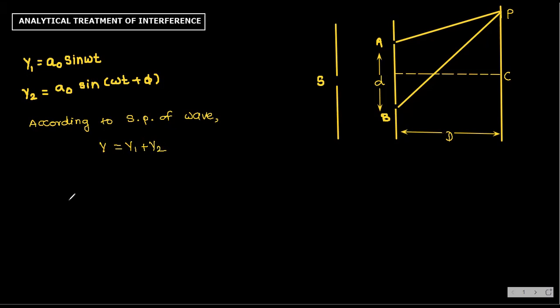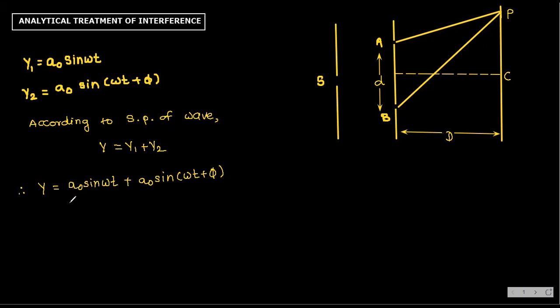Now just substitute the values of y1 and y2. Therefore y is equal to A0 sine omega t, which I have substituted in place of y1, plus y2, A0 sine of omega t plus phi.